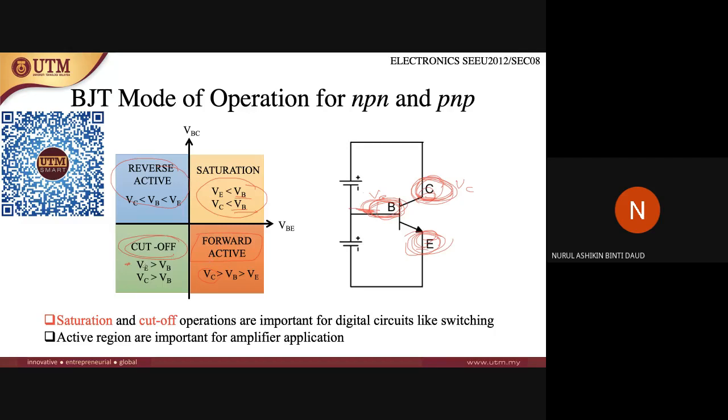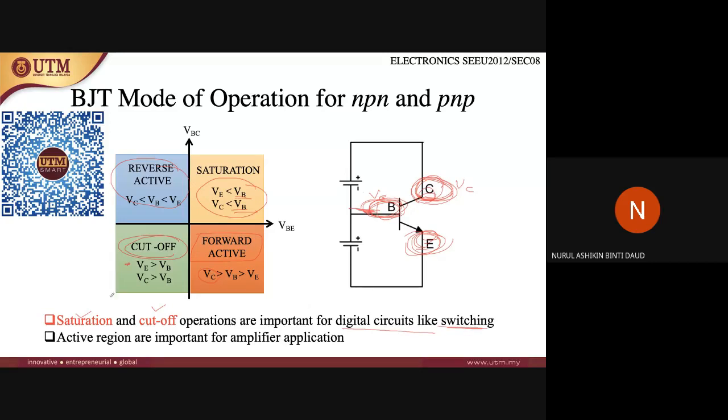So what is the function of knowing the operations of the transistor? By knowing whether the transistor is in saturation or cut-off operation, it can be applied in digital circuits like switching.